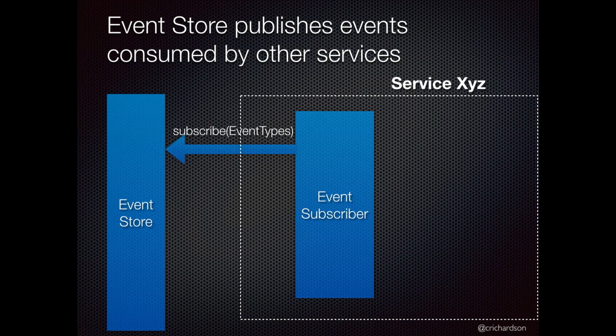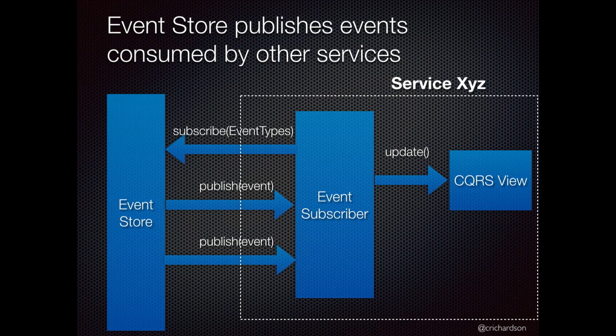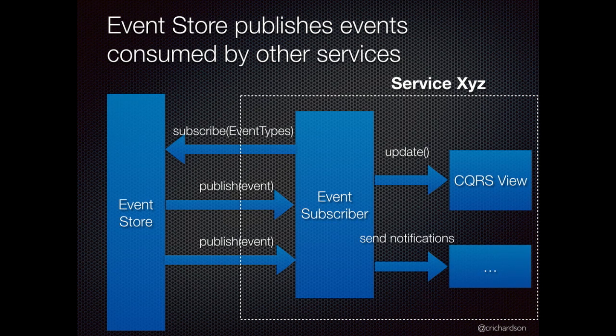And then you can also have arbitrary event handlers that get invoked. They can update materialized views. They could send out notifications and perform arbitrary things, like you could analyze the stream of events for monitoring purposes, for machine learning purposes, and so on. So that's the flow. It's all very event-centric.